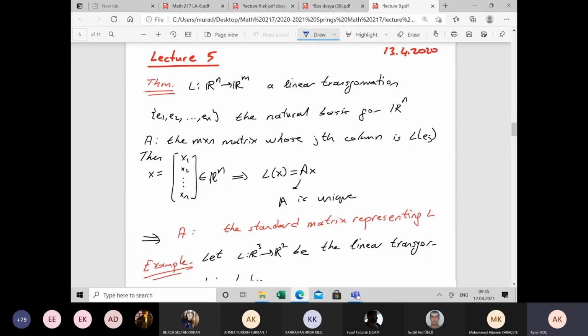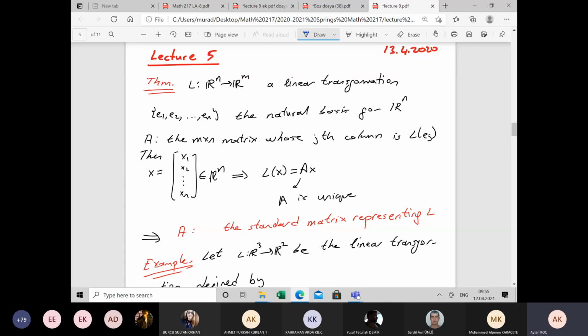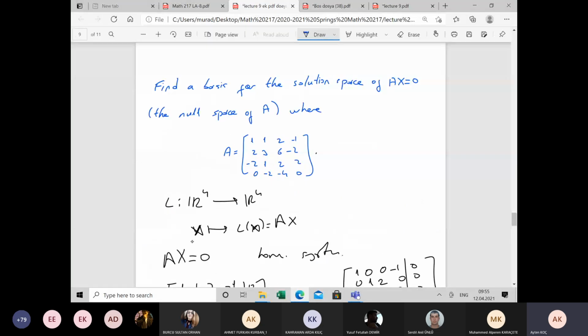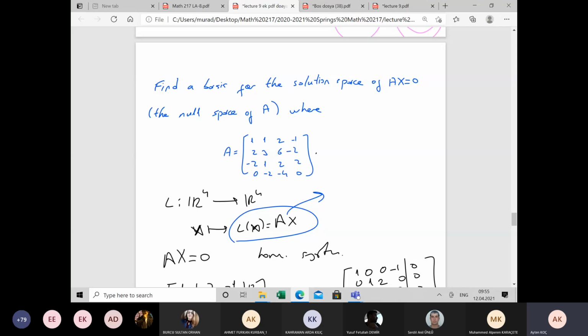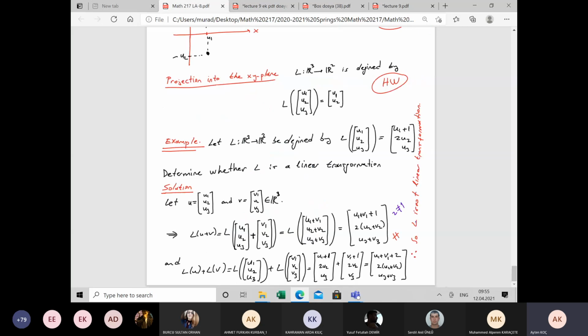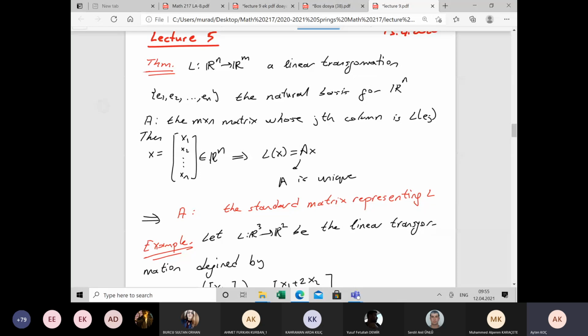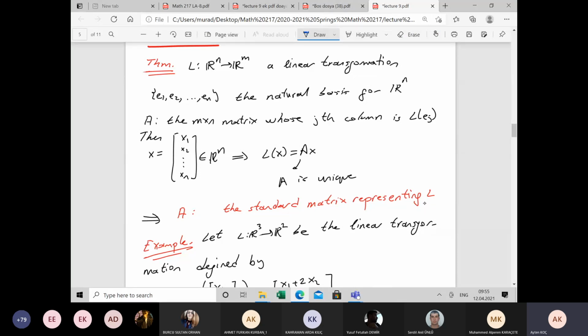And also, if L is a linear transformation and L of x is AX, A times x, this one is called the standard matrix representing L. If L from Rn to Rm is a linear transformation, and a sub 1, a sub 2, ..., a sub n is the natural basis for Rn, then A is the m by n matrix such that its j-th column is the image of the j-th basis vector.